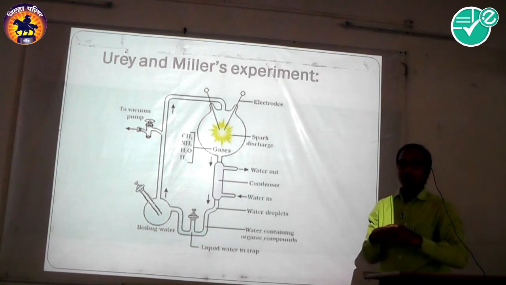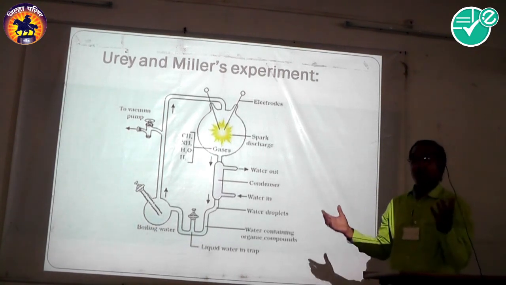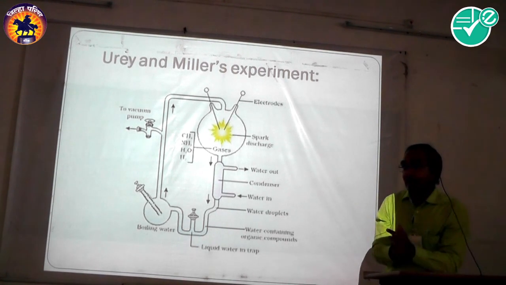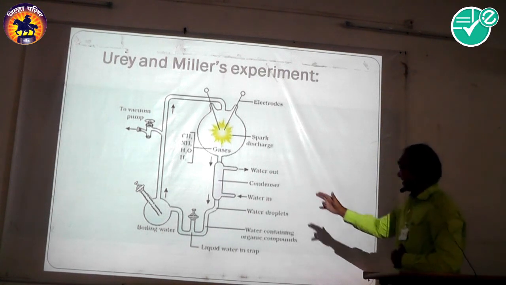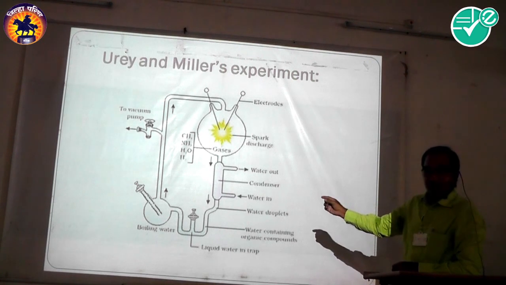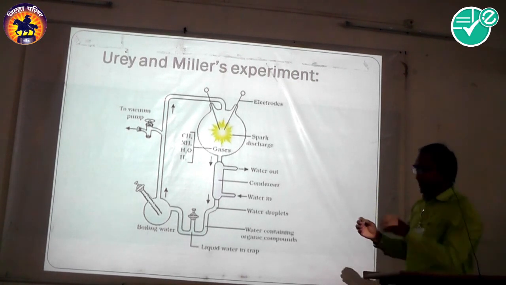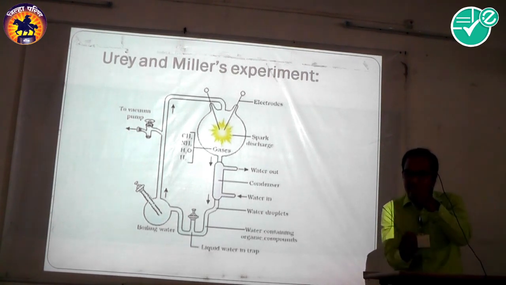Because we know that when the atmosphere is formed, there is condensation, the temperature decreases, the water drops come on the earth, and there is continuous raining. That condition is simulated by the condenser. At one end of the condenser water goes in, and at the other end the water goes out. The condenser cools the tube through which the hot gases are passing downward.